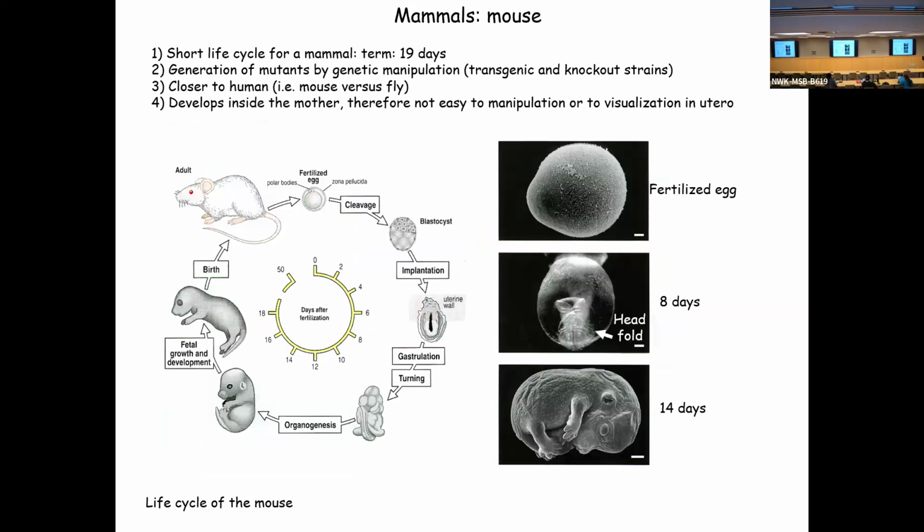All right. Going to move into the mouse. Everything has been sequenced in the mouse, so we have plenty of genetic information. Not just the genetic information, but there are lots of knockouts, knock-ins, and genetic manipulations in the mouse.